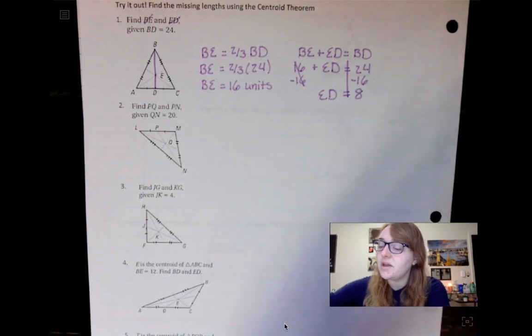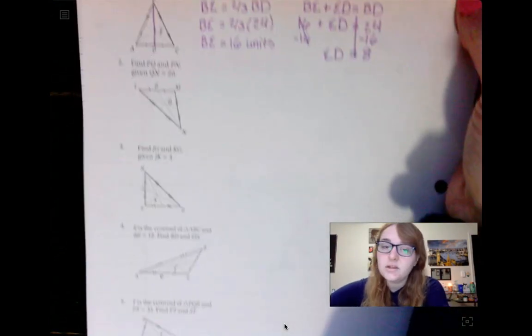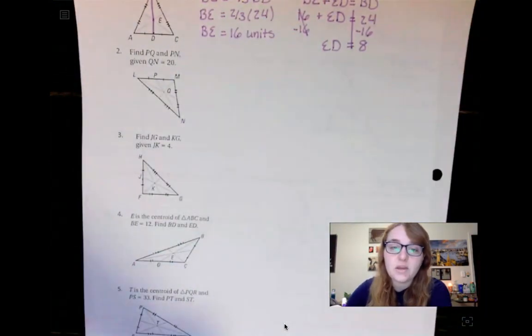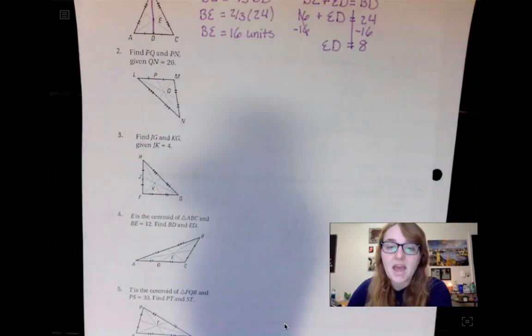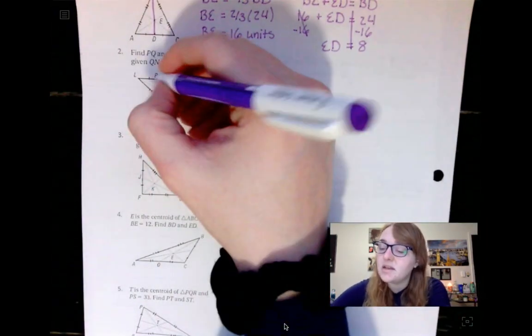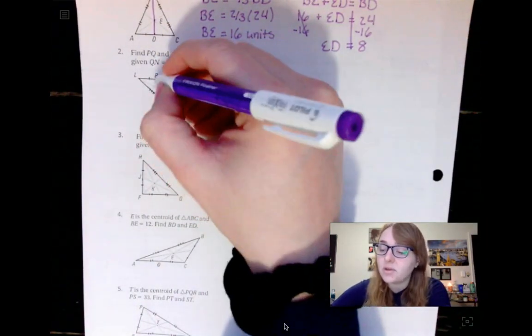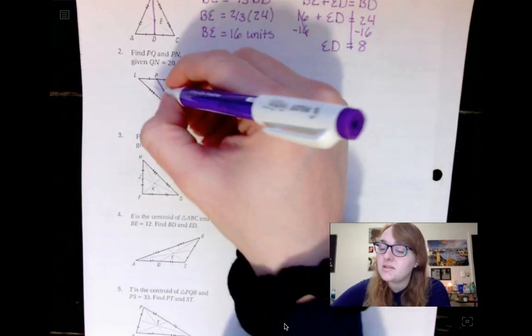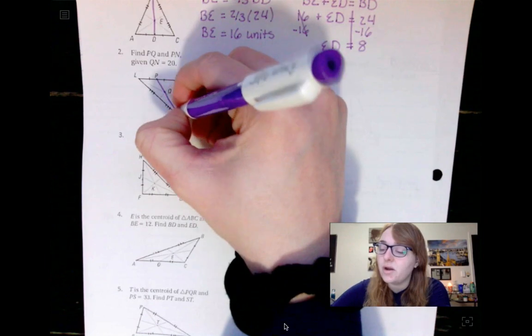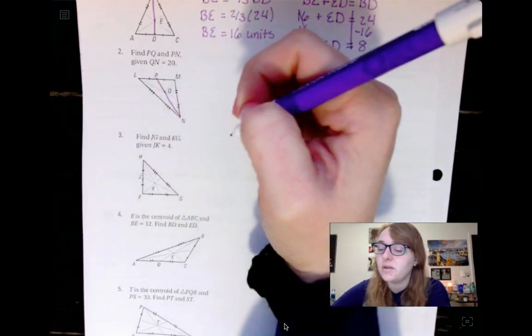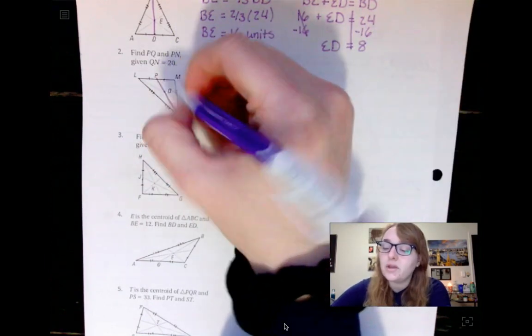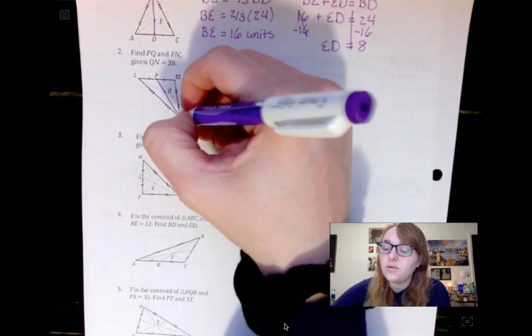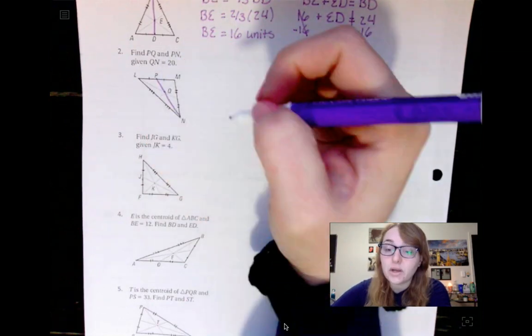All right, let's do another one. Here we are trying to find PQ and PN. We're looking at this opposite now. We're looking for midpoint to centroid, and then the whole thing. PN is the whole thing. We know that QN, or vertex to centroid, is 20.